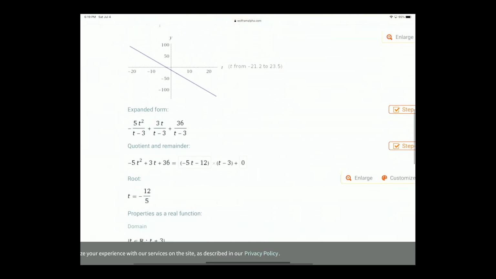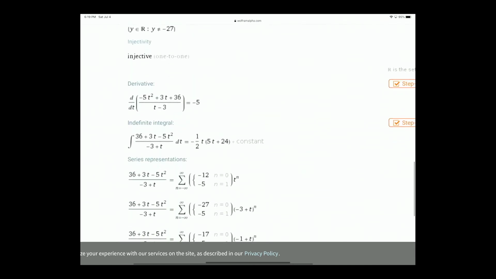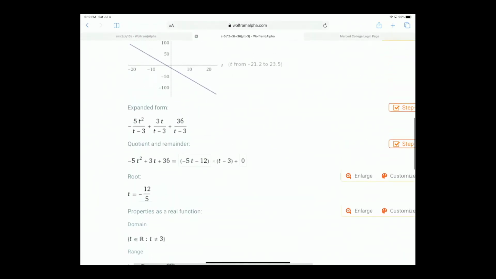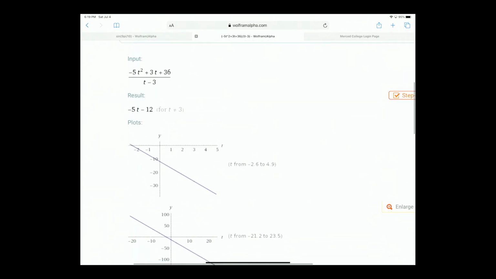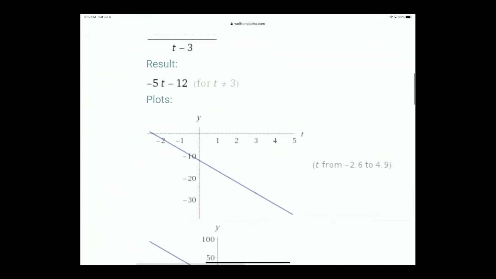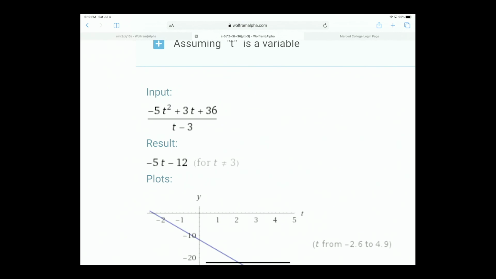Quotient and remainder. Interesting. Okay, right there. So it should just be input, result, right? So negative 5t minus 12.